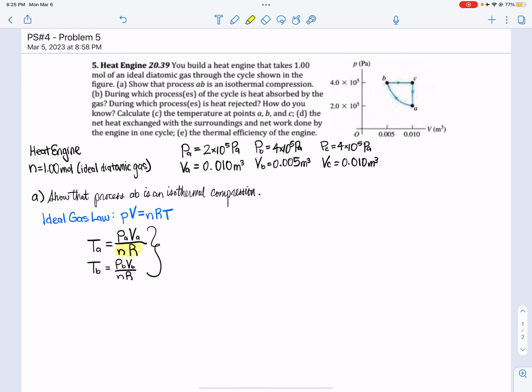Since these are constants, the value in the denominator for both T_A and T_B is equal. So all I care about is whether P_A V_A is equal to the pressure at B times the volume at B. If so, then the process AB is isothermal, as long as the values of my numerators are equal.